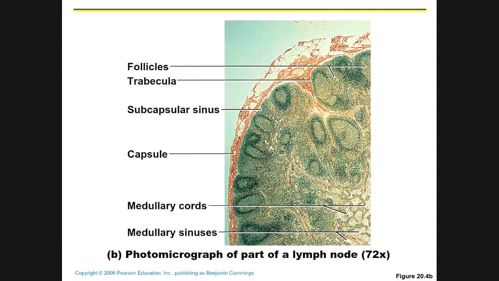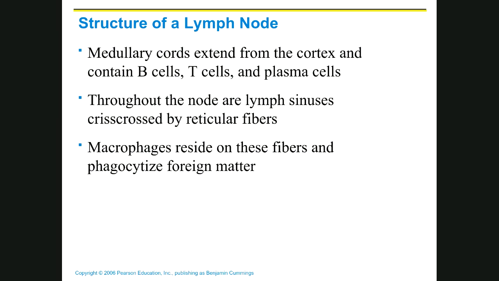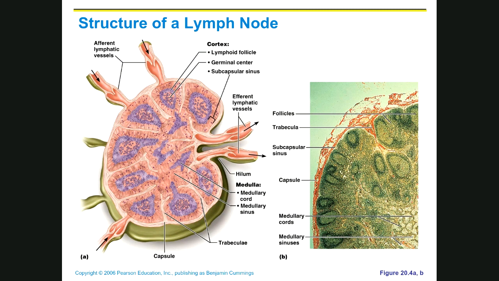If you look at this, those are mostly B cells, and so B cells sort of take up residence in these lymph nodes. And then, remember, we have macrophages in here too, which can phagocytize or eat things that are not supposed to be there. And then there are a lot of these reticular fibers. Remember, there's like a little skeleton in there.